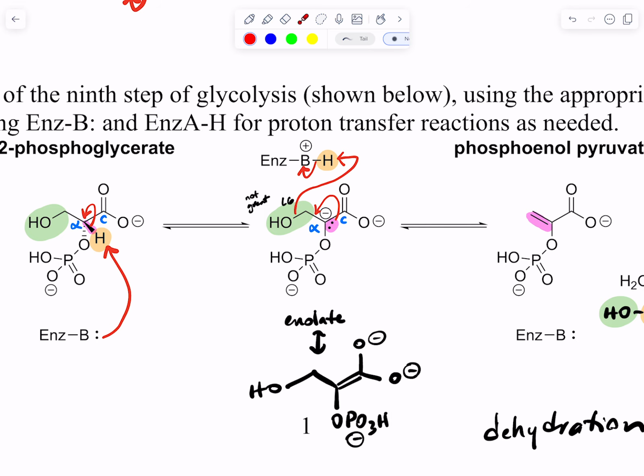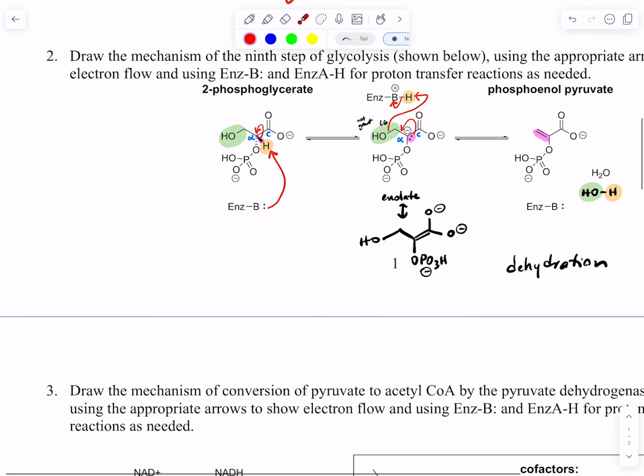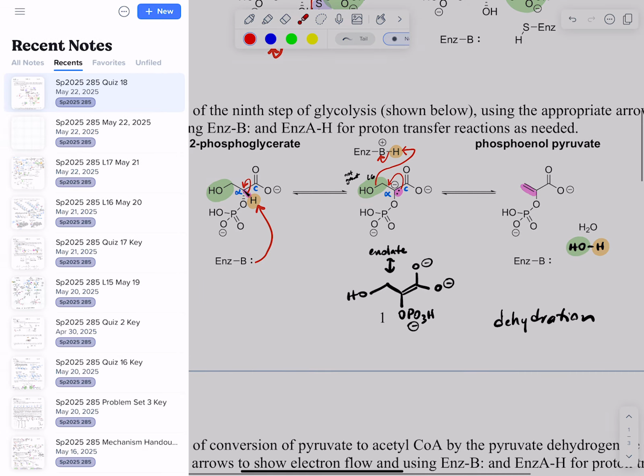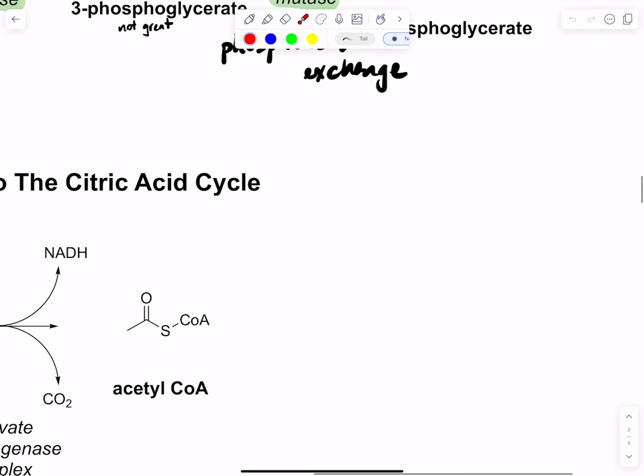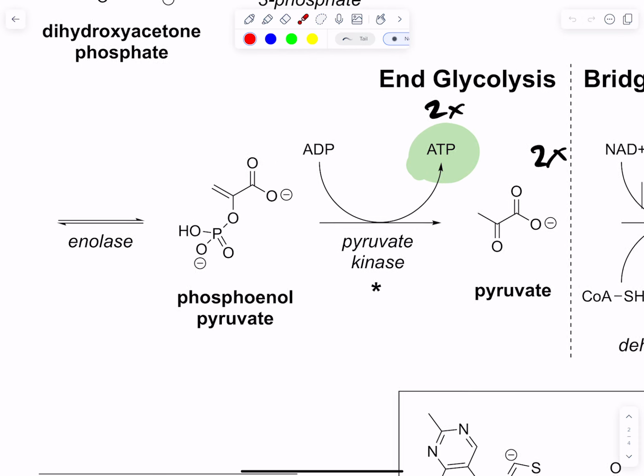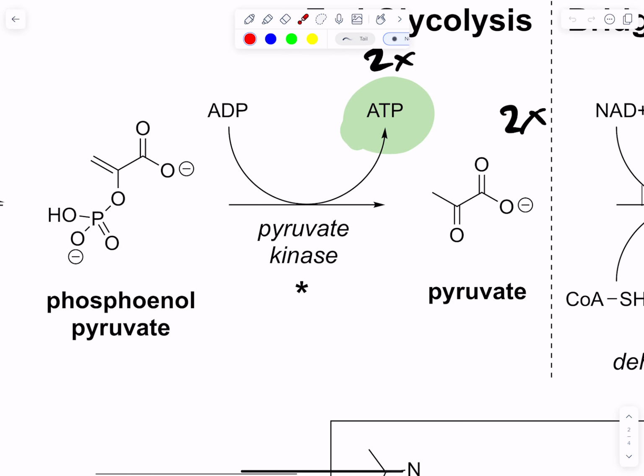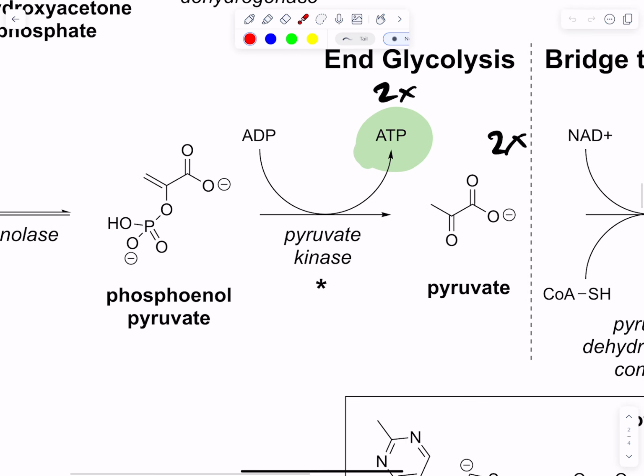Okay. Last step of glycolysis is to take what we just made, the dehydration product, phosphoenol pyruvate, and now we're ready to make ATP. And it's not going to be immediately obvious to you why this is the case.